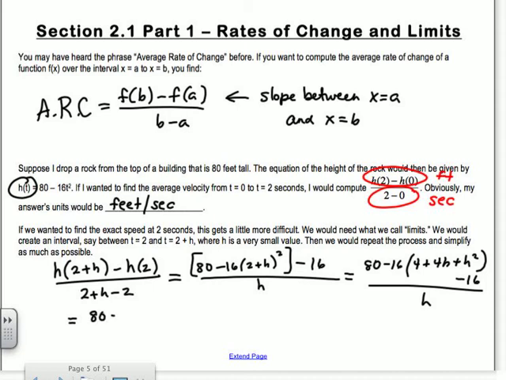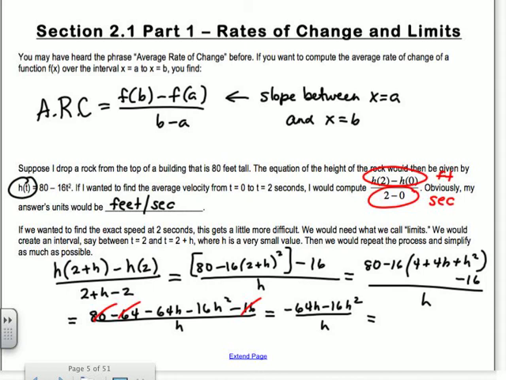So it's 80 minus 64 minus 64h minus 16h squared minus 16 all over h. 80 minus 64 minus 16? 0. Those go away. Good. So I now have negative 64h minus 16h squared all over h, which is negative 64 minus 16h. The h now goes in.